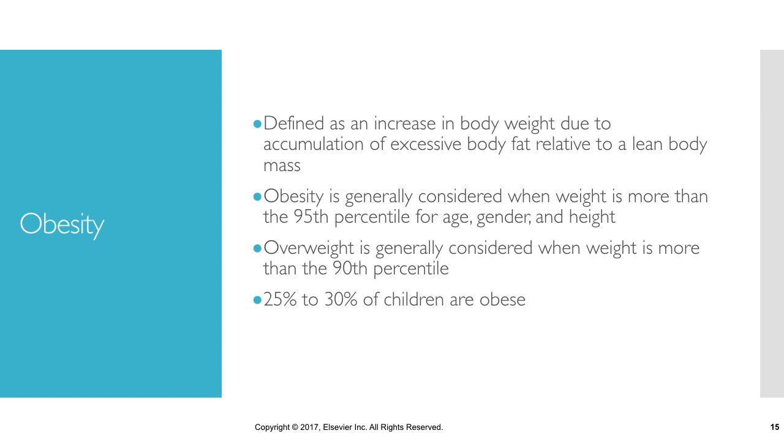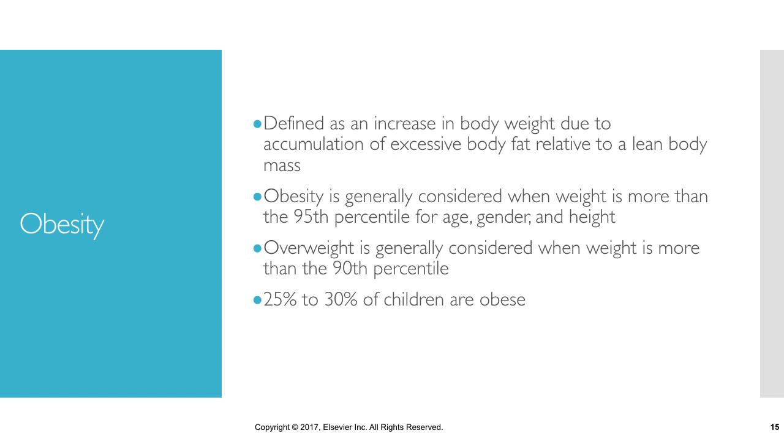What we're talking about here is somebody who's at the 95th percentile of weight, but their height may be at the 80th percentile, and their age is at the 95th percentile, but their weight is the weight you would see for somebody 2 or 3 years older.